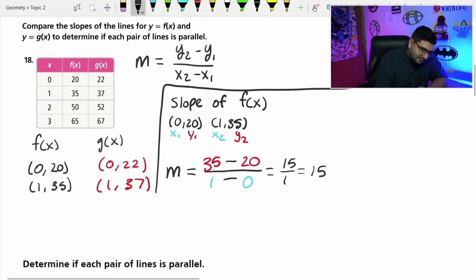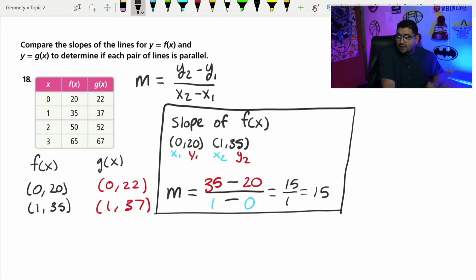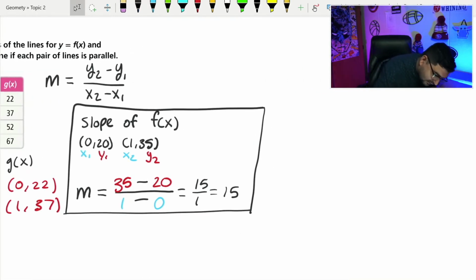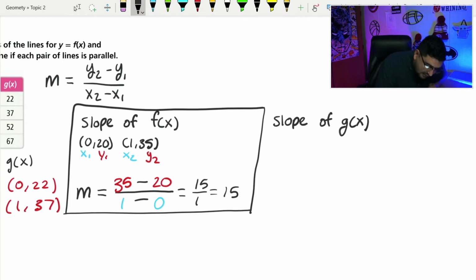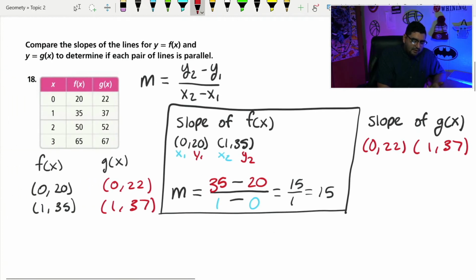So now let's do the same for the slope of g of x. Let's find the slope of g of x. Okay, and we're just going to use those 2 points that we have there. So we have 0, 22 and 1, 37. Did I have to choose these points from the table? Not really.